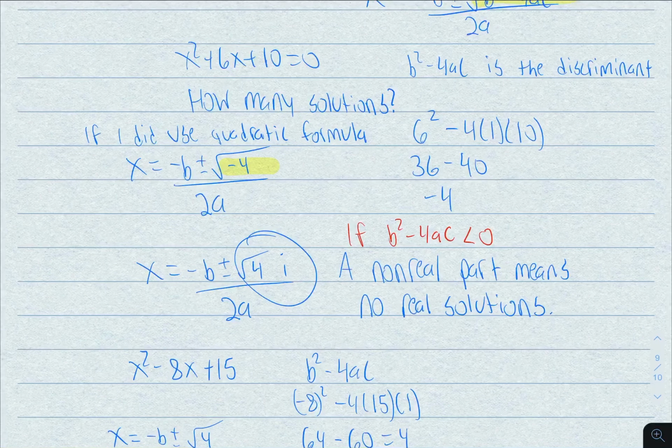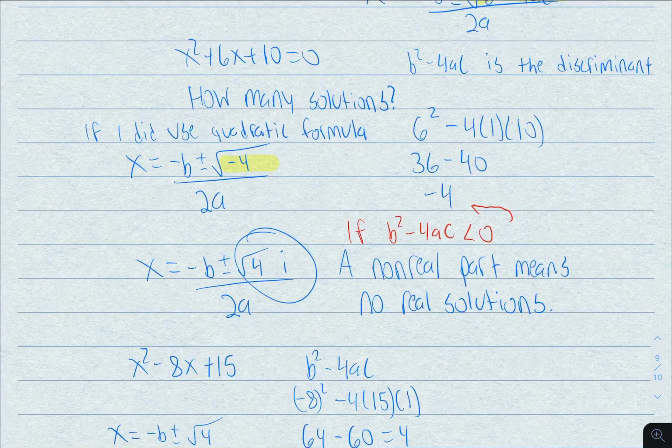If it's less than 0, then that means it's negative. And if it's negative, that means you're going to do the square root of a negative. And you can't do the square root of a negative without using imaginary numbers. And because they're imaginary numbers, that means there are no real solutions. So if b squared minus 4ac is less than 0, then no real solutions exist.